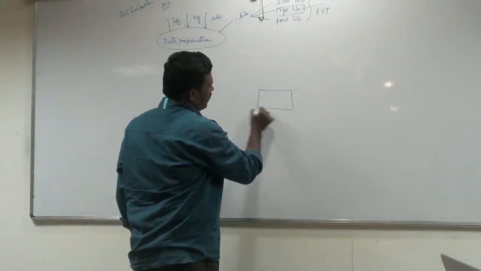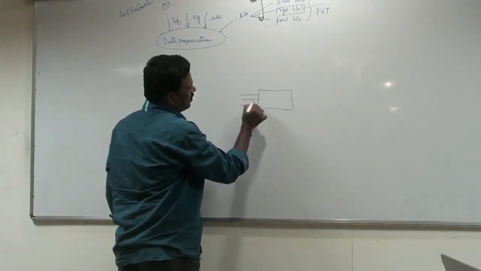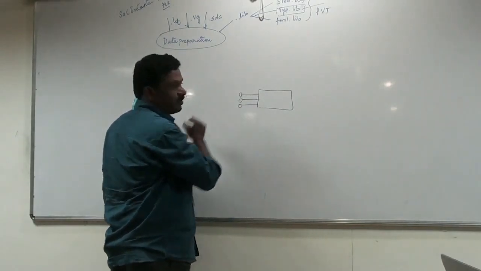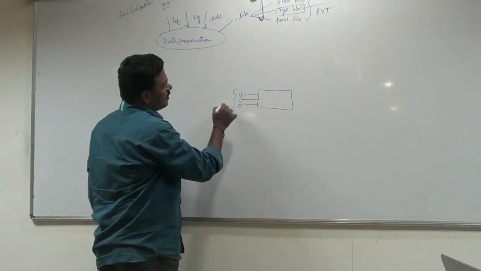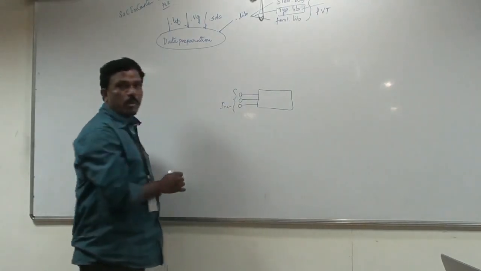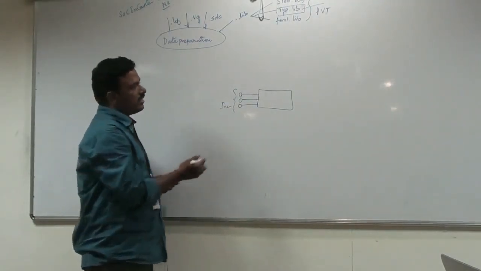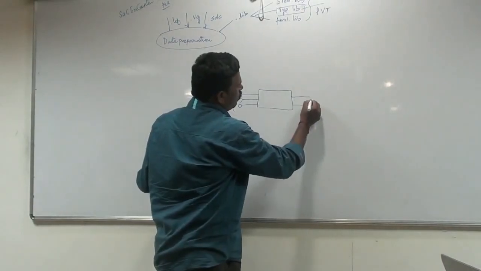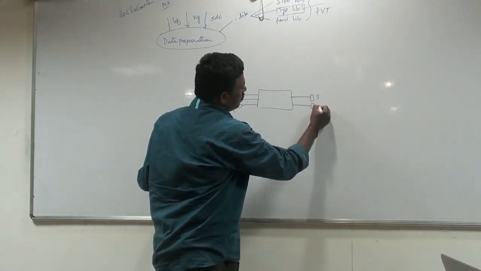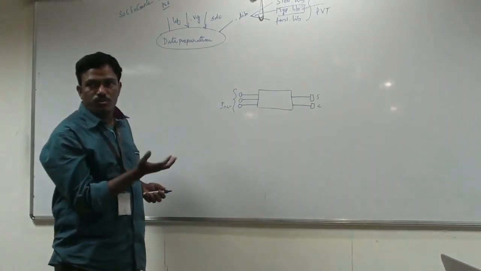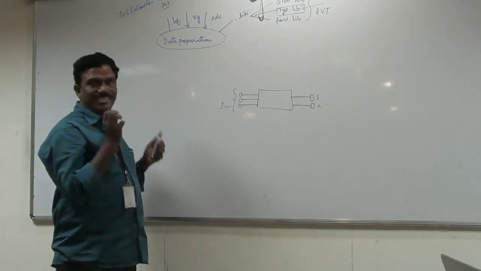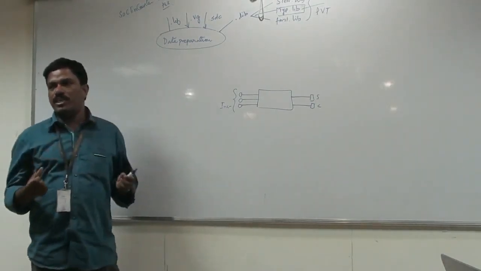Apart from that, your design will have some IOs. A full adder will have three inputs, A in, B, C, right? These are nothing but input pins. And a full adder has two outputs. One is called sum, the other one is called carry. So these are called output pins. In each and every design, we need to have some inouts, right?